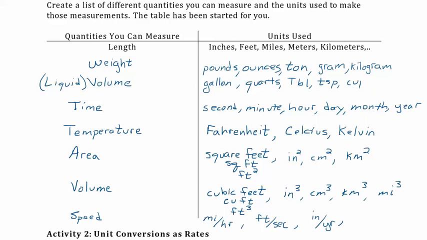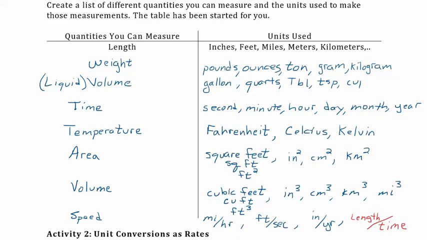And if we look at the units in the numerator, miles, feet, and inches, those are all lengths. These are all lengths from up here. And the units in the denominator, hours, seconds, and years, those are all units of time. So if you take any unit of length divided by any unit of time, you're going to get a unit of speed.